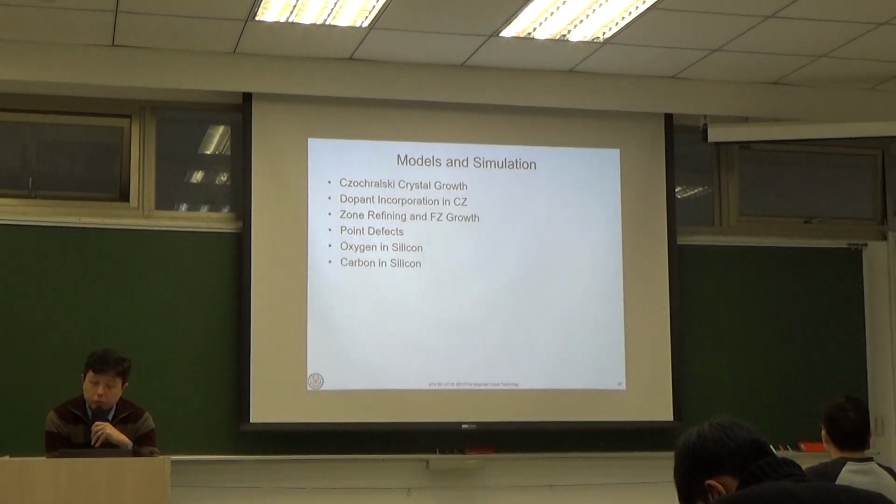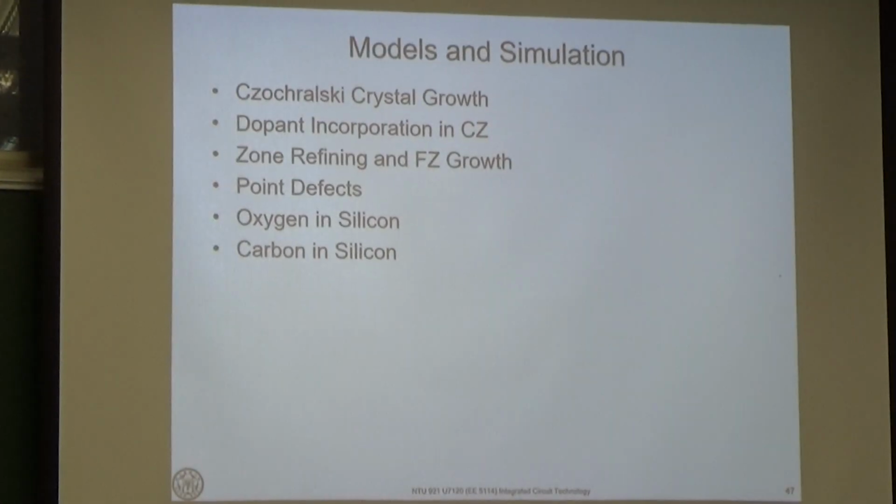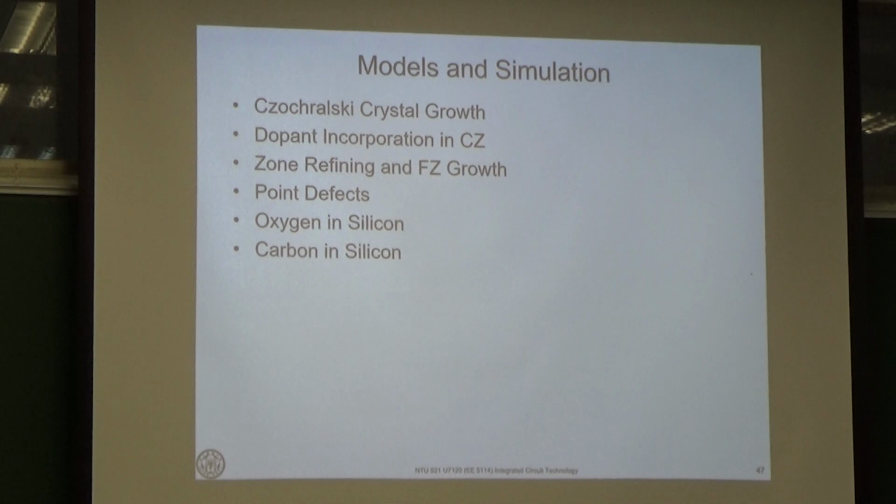Some models and simulation methods are especially used to describe some properties that we just mentioned in our first class. The first one is Chapter 3, crystal growth, and the second one is the dopant incorporated in our CZ method, and also the zone refining method.